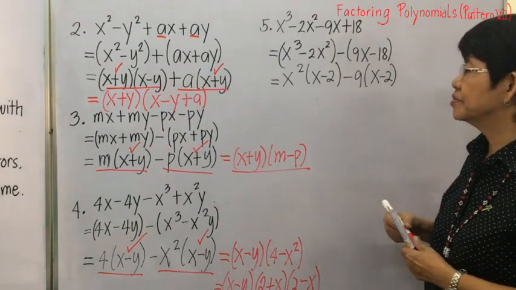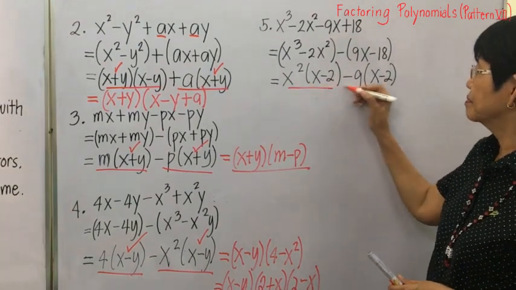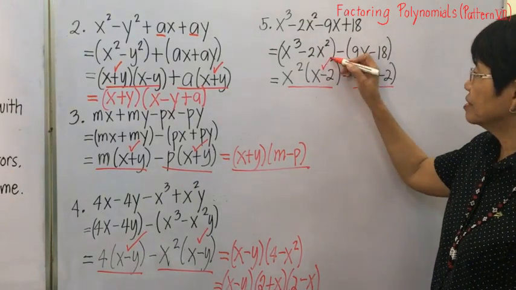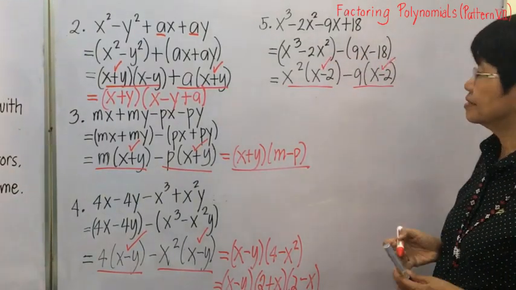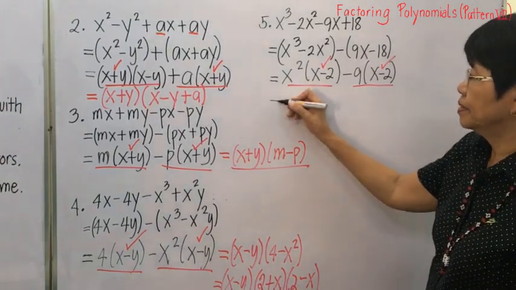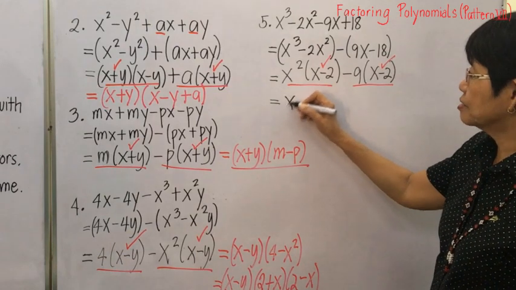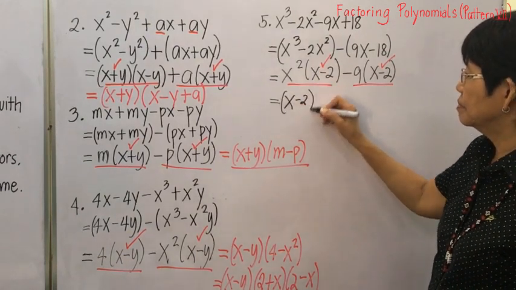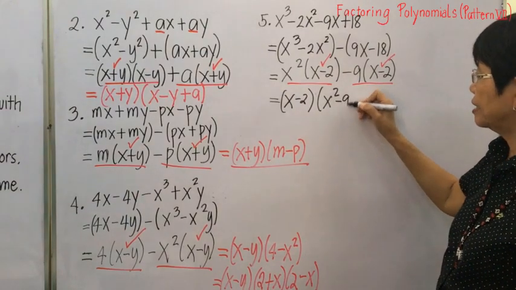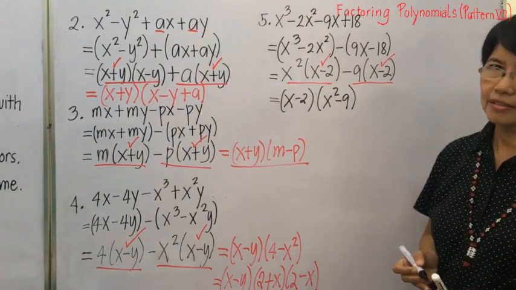Again, we have two terms. And the common monomial factor or binomial factor is x minus 2. So, factoring out x minus 2, we have x squared minus 9 as the next factor.